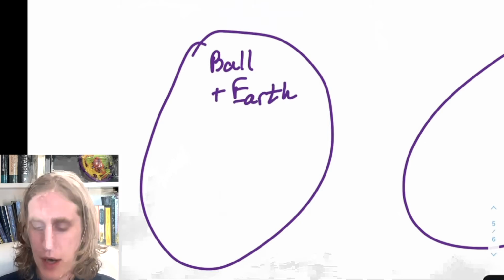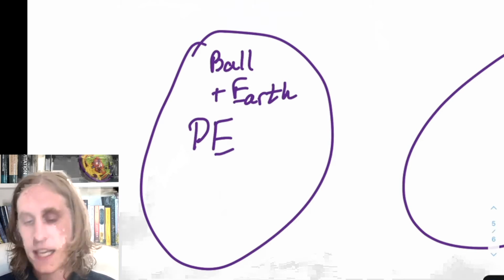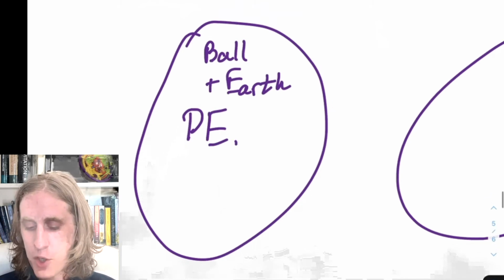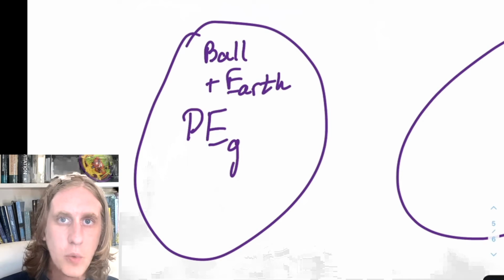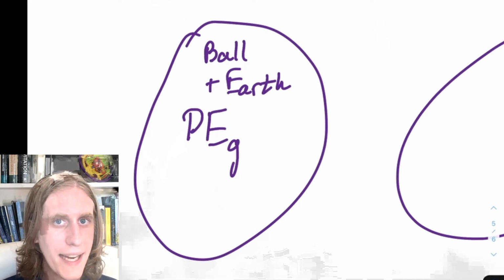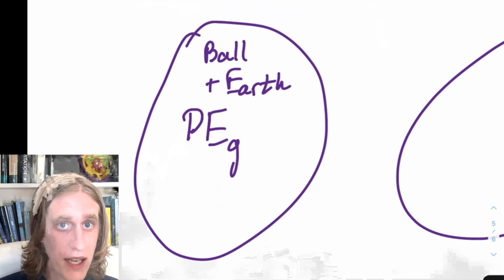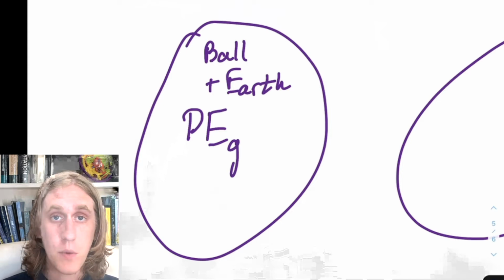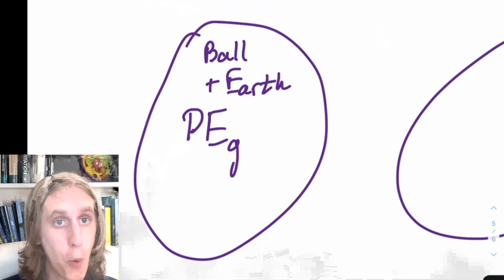We represent gravitational potential energy like this. The PE stands for potential energy, and the G stands for gravity. What is the gravitational potential energy of the ball doing as it falls? By this I mean, is it going up or is it going down? Well, if you've thought about what gravitational potential energy is, you can probably answer this question. The gravitational potential energy of the object is going down.